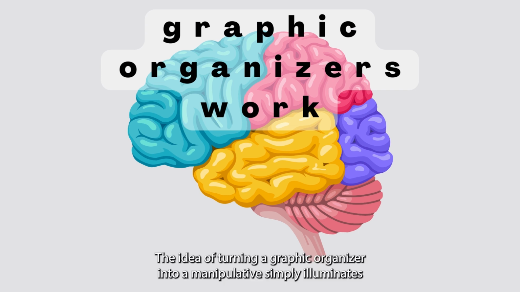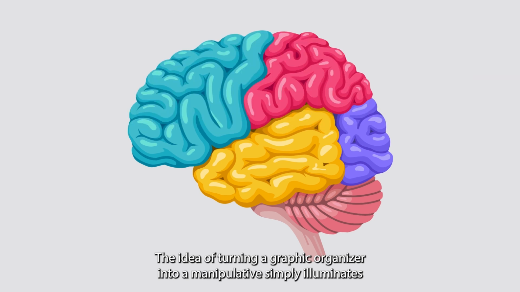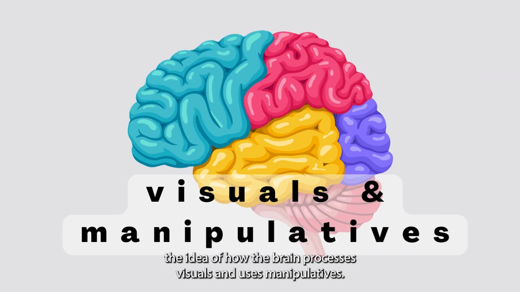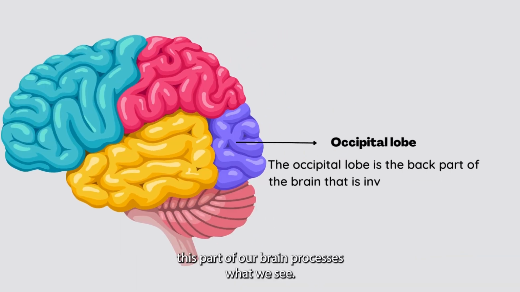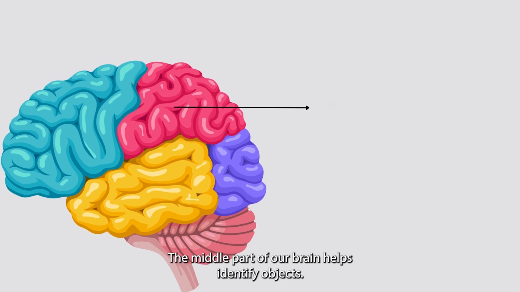The idea of turning a graphic organizer into a manipulative simply illuminates how the brain processes visuals and uses manipulatives. Visual aids help simplify concepts and make them easier to understand. This part of our brain processes what we see. The middle part of our brain helps identify objects.